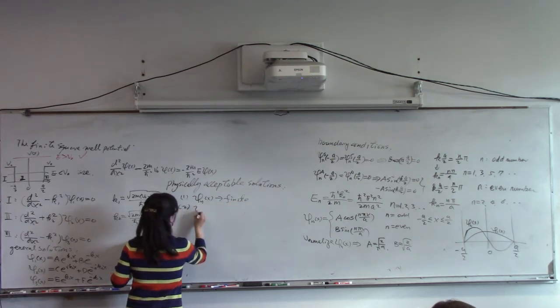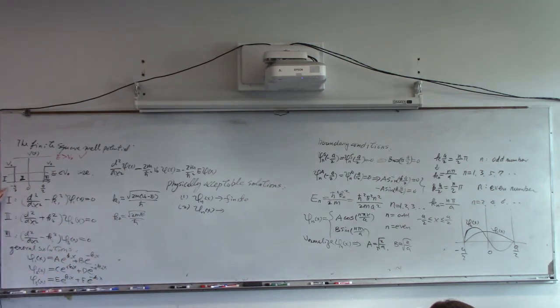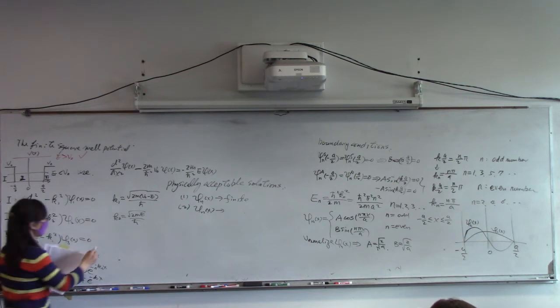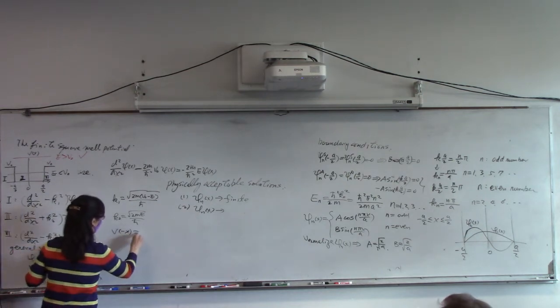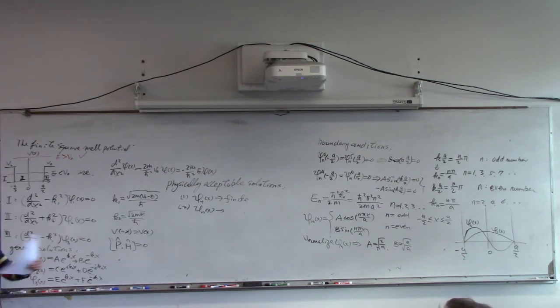Second, psi(x) must respect the symmetry of this potential. We have a symmetry here, right? Potential V(-x) equals V(x). So we have a parity. Then the wave function also has parity, like we discussed just before.